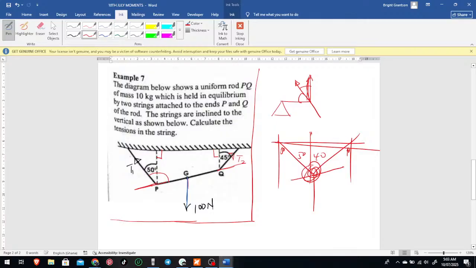Unless maybe we extend it this way and this way. That's where we can get 90 here. And this becomes like a hypotenuse, and this becomes T1. Because it's a force, the magnitude runs through T2. And they didn't even give us the distance of PQ.